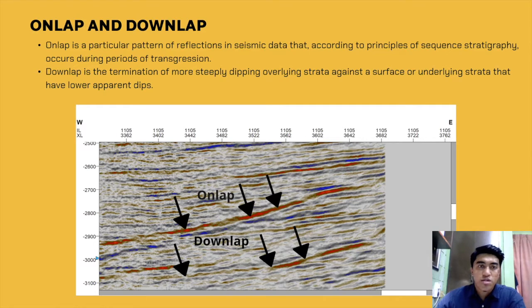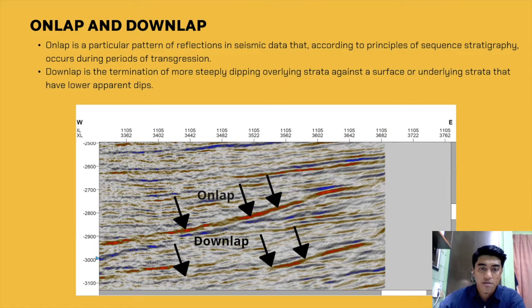We continue to the next structure, which is onlap and downlap. Onlap basically is a pattern of reflections that we can find on seismic data that mainly occurs during periods of transgression, while downlap is the termination of more steeply dipping overlying strata against a surface or underlying strata that have lower apparent dips.